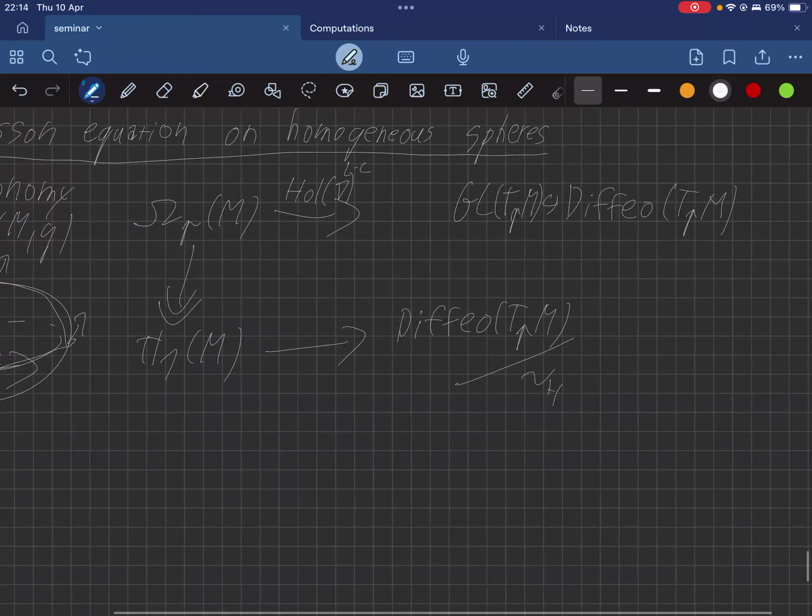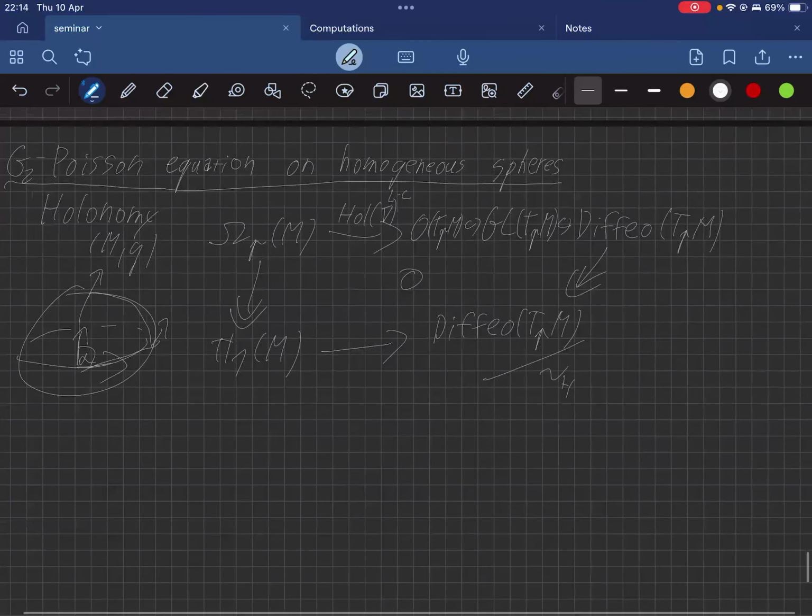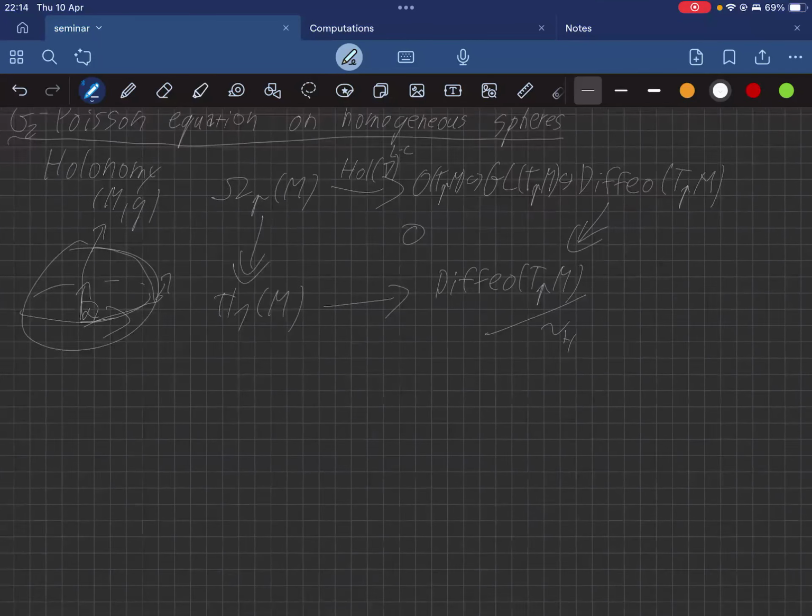And even more, because we are on a Riemannian manifold, it lands in the orthogonal transformations of your fiber. So this commutative diagram tells you what a holonomy is, and I hope that's clear, that everyone remembers what a holonomy is.